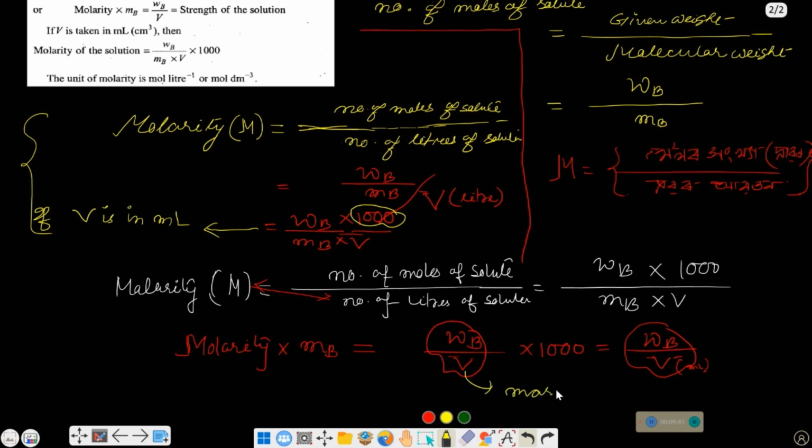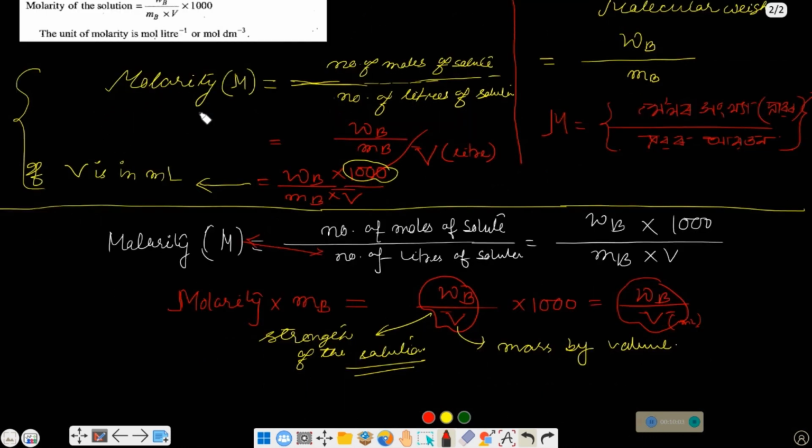This mass by volume is also called the strength of the solution. So we can relate this with the strength of the solution: weight of the given solute divided by the volume of the solution.